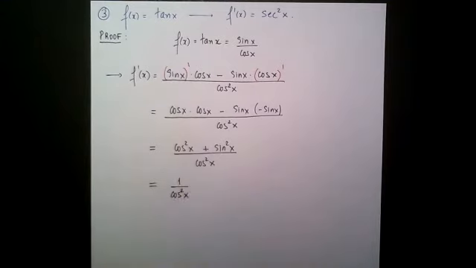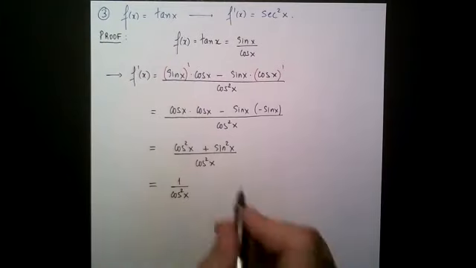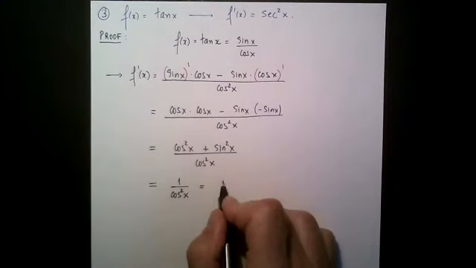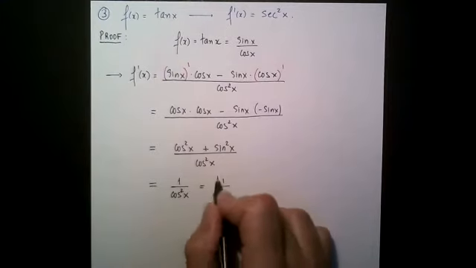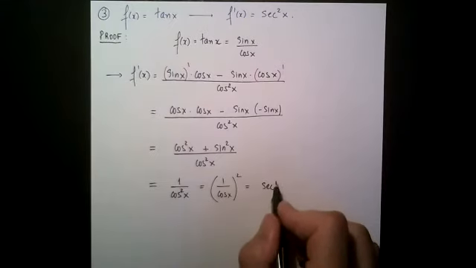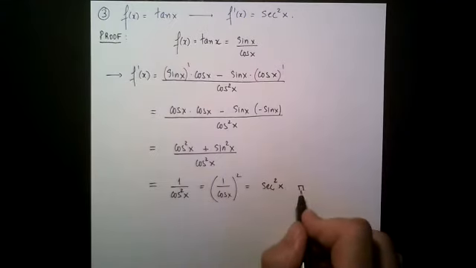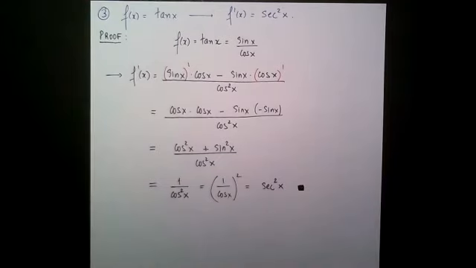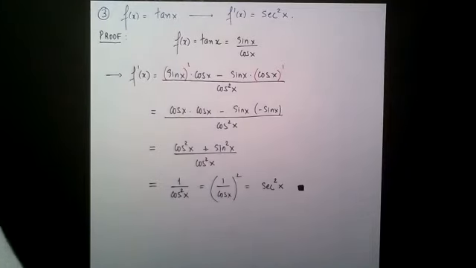Over cos squared x. Okay, and that's equal to 1 over cos x, all this squared. And 1 over cos, we know that this is secant. So this is equal to secant squared x, done. Proven. Okay, so much easier. We just use the quotient rule.